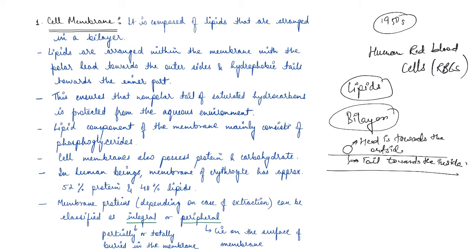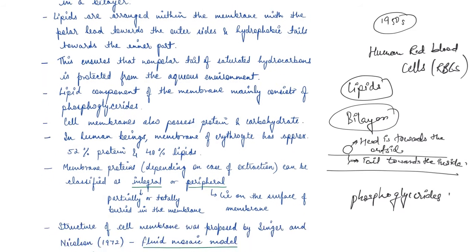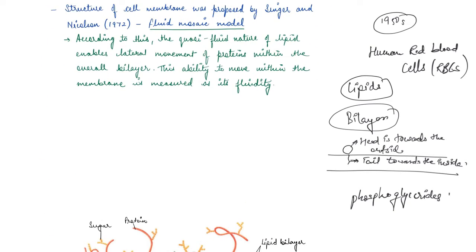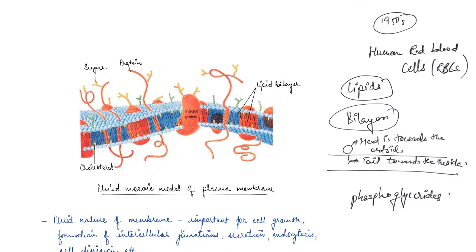Apart from that, the lipid component of the membrane mainly consists of phosphoglycerides. Let's see the structure once. Right, so this is the structure, guys.